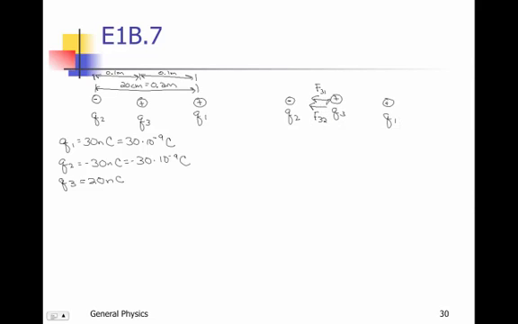Notice that both of my forces are to the left, in the negative x direction. I haven't drawn my coordinate system yet, so let's say that this is positive x and up is positive y.